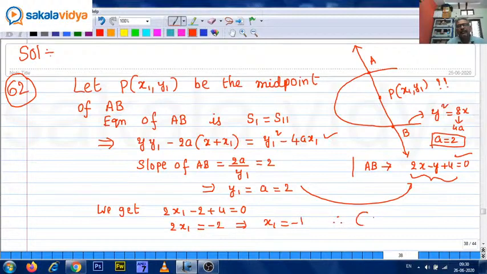Therefore, (x1, y1) equals (minus 1, 2). This is the midpoint of AB. Yesterday this 60th problem was incomplete and we have completed it, right?